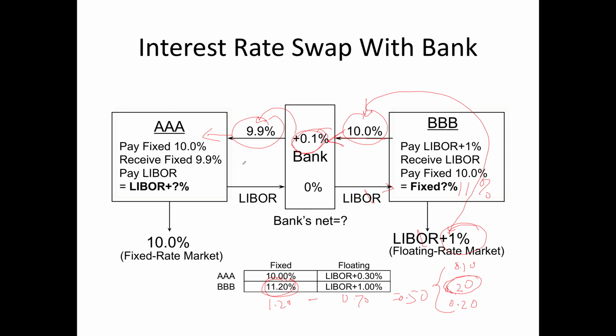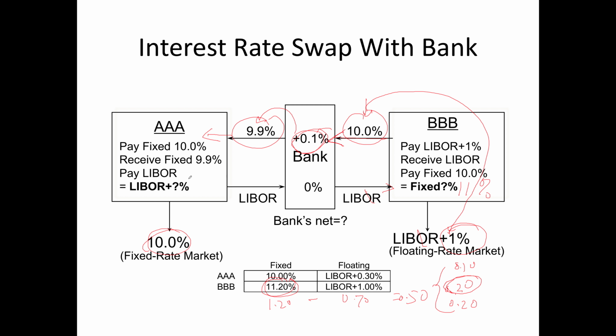Now let's look at the AAA situation. AAA wants a variable loan. What is their effective rate for their variable loan? Now let's look at this. They are obligated themselves in the bond market at a fixed rate bond of 10% per year, but they only receive 9.9.